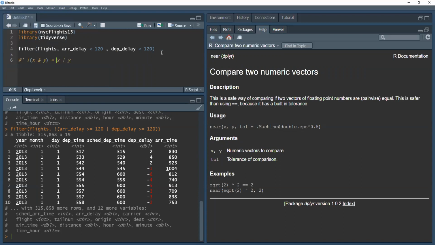And also, not (X or Y) is the same thing as saying not X and not Y. So with that in mind, we have code which is easier to read by using De Morgan's law.